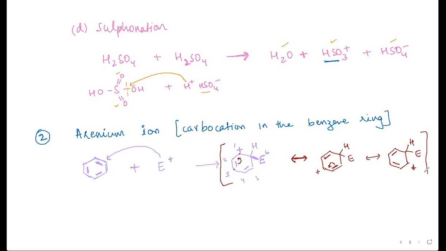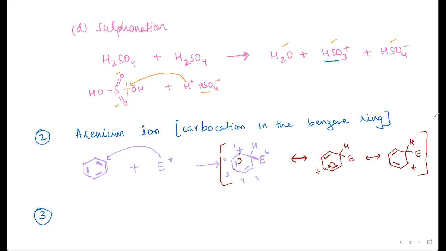Okay. So the arenium ion is stabilized by resonance, which is why the delocalization still continues, right? Which is why formation of the arenium ion is possible. So obviously any compound cannot stay as an ion forever.